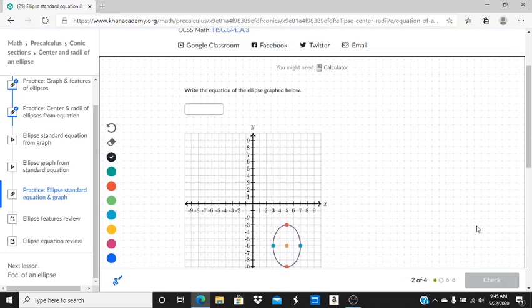Okay, so we're going to write the equation for the ellipse graph below. The center is at the point where the x coordinate is 5. Follow the 5 down, the x coordinate is 5. The y coordinate is -6.